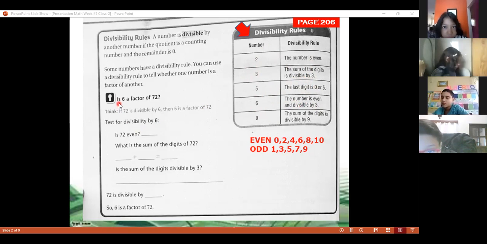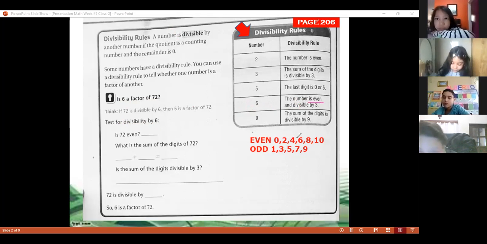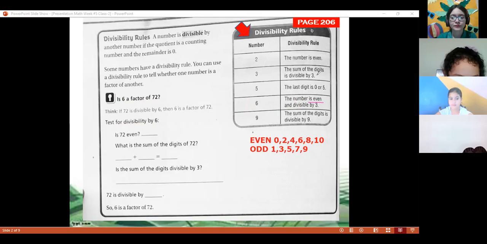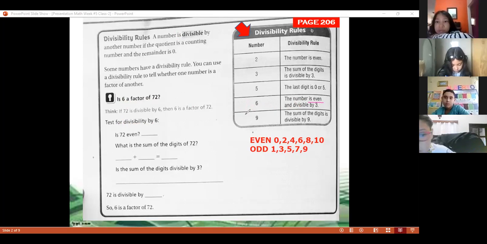So here we are looking for if 6 is a factor of 72. So we're going to use this rule. We test if it's divisible by 6 by checking if the number is even. First, we need to check if the number is even. According to this, 72 is an even number. Do you think it's an even number, 72? Look at the number, 72.